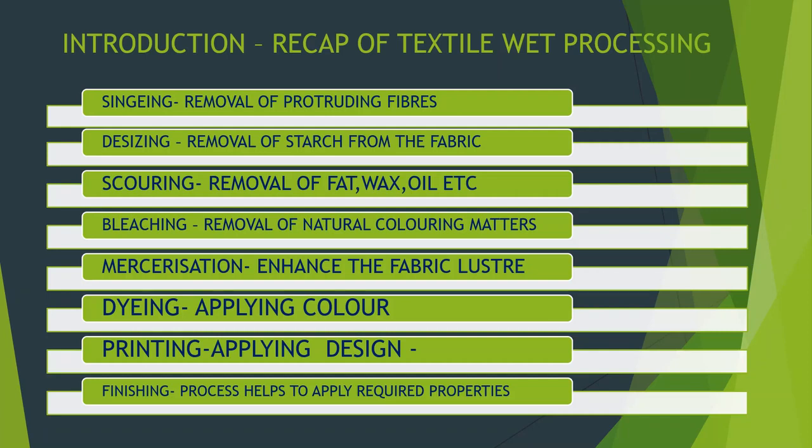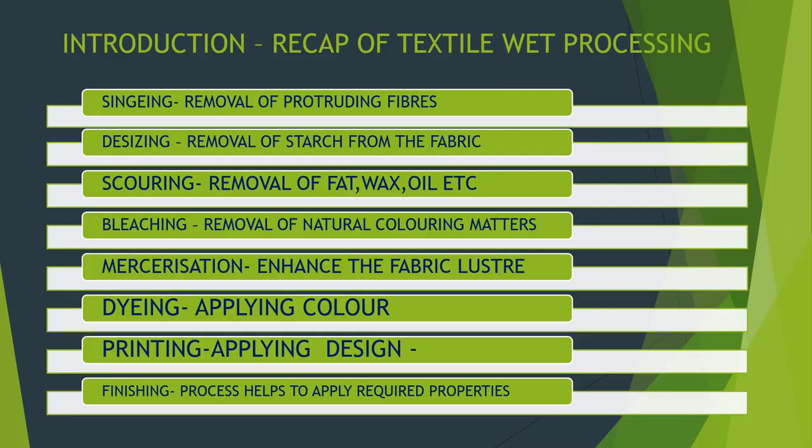The fabric is in the state of gray fabric. That is, it contains lots of dust, unwanted foreign matter and natural coloring matter. These are also available in the fabric, which degrades the quality of the fabric. So we cannot take it directly into the market.